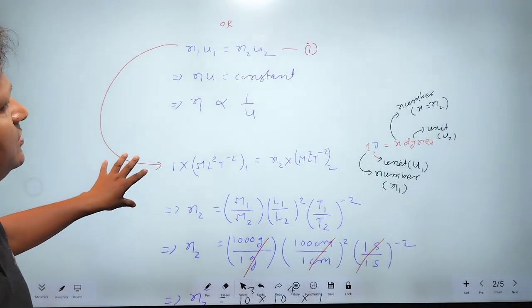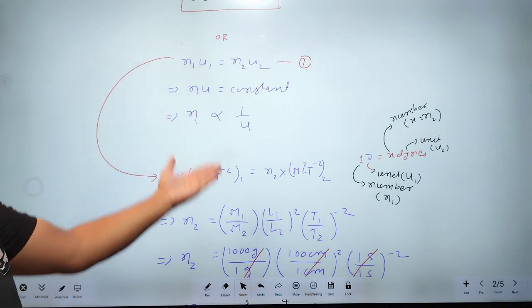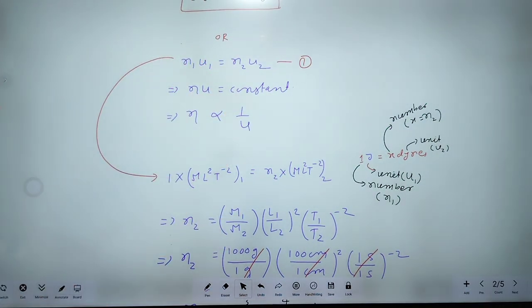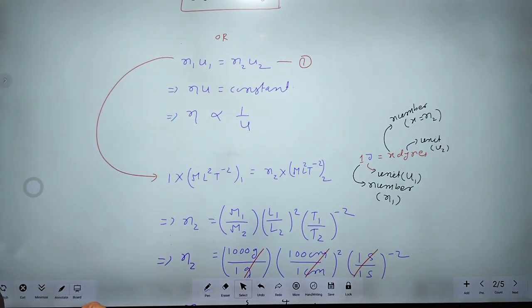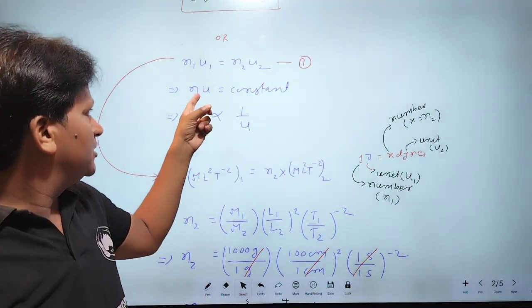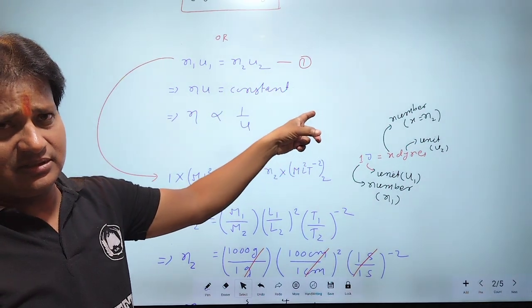You can solve this question by this method also. N1 U1 should be equal to N2 U2, where N represents number and U represents unit. You can write NU is equal to constant.